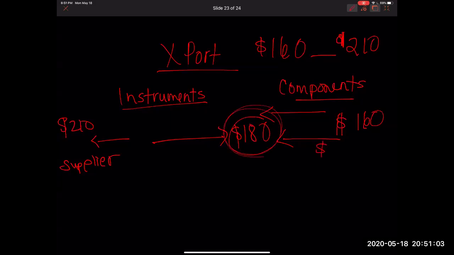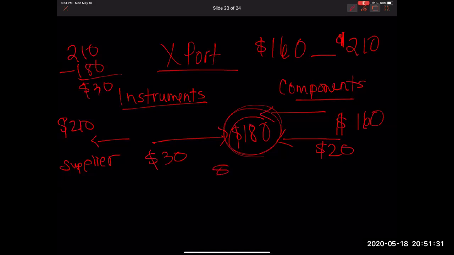It's $20 above what their variable cost is, and on this side they're saving $30, because 210 minus 180 comes out to $30. So it's a win-win for both of them.